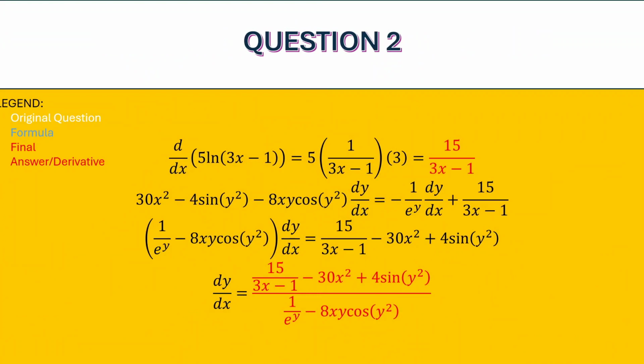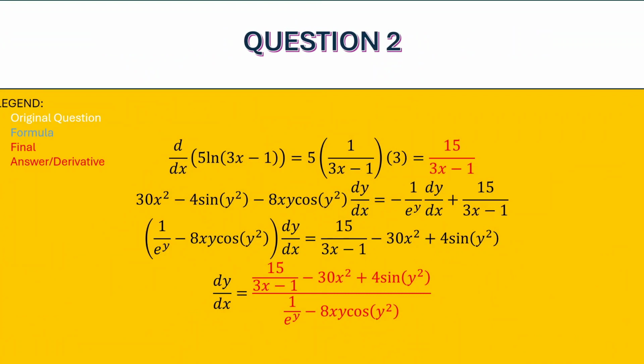Finally, we can substitute all of the functions with their derived counterparts, which gets us 30x^2 - 4 sin(y^2) - 8xy cos(y^2) dy/dx equals negative 1 over e^y times dy/dx plus 15 over (3x-1).